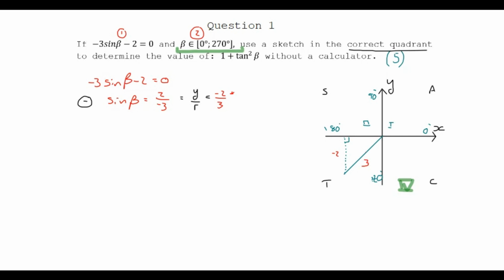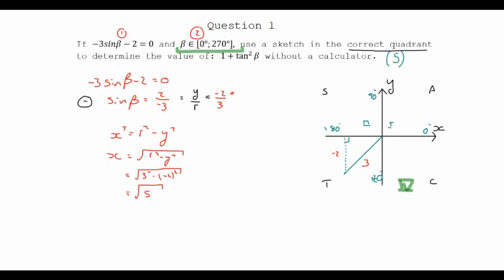And how do we get the missing x value? Well, we know using Pythagoras, x squared equals r squared minus y squared, which means x is the square root of r squared minus y squared, which equals the square root of 3 squared minus 2 squared, which in turn equals the root of 5. Okay.